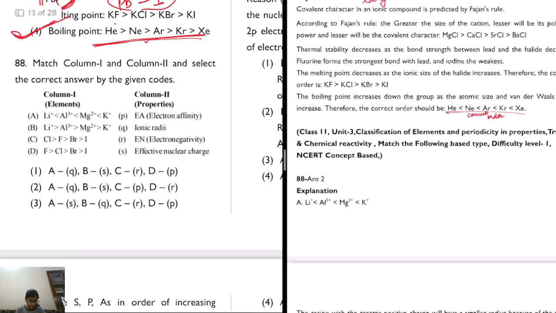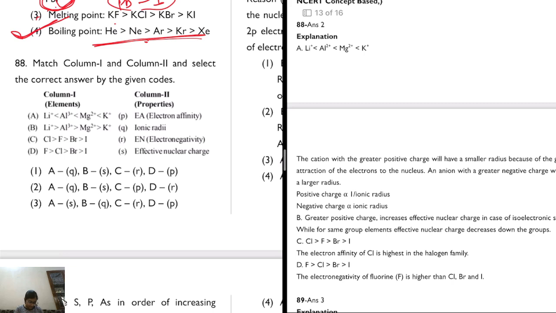Match column 1 and column 2 and select the correct answer by the given codes. We know this is the order of ionic radii. Let's see the easiest one first: electronegativity. According to size, this will be the electronegativity order.